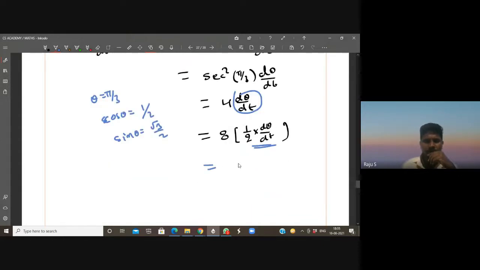So this value is given by the rate of change. When I take theta as sin theta, differentiate, cos theta into d theta by d theta. We are getting here when I take that value as sin theta or cos theta.